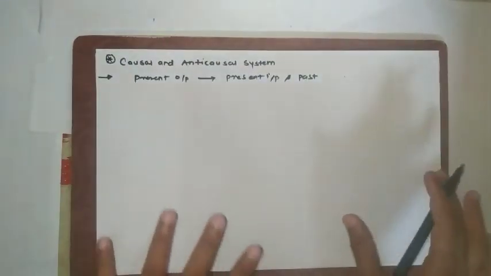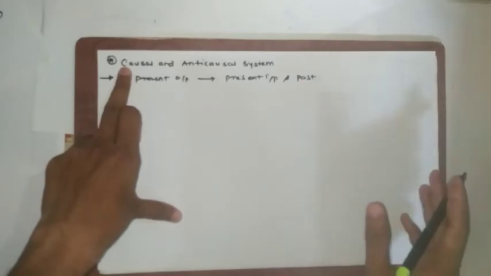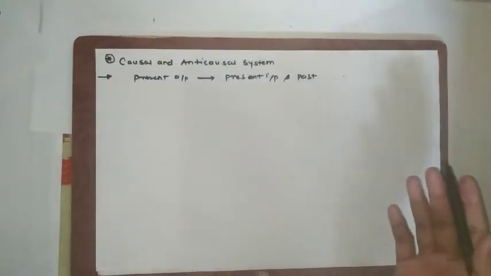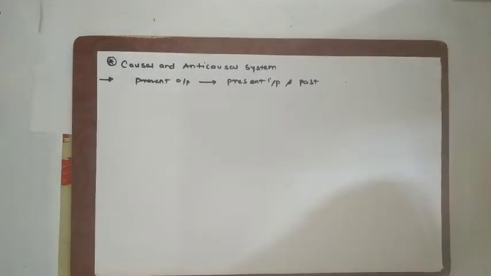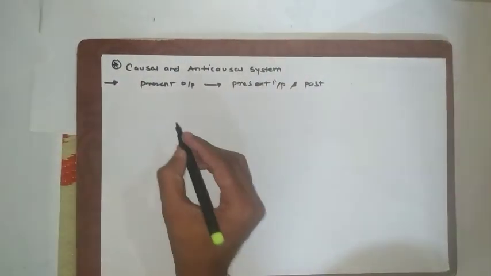That means any system whose output depends upon present and past values is known as a causal system. And we are left with only one value, that is a future value. That means a system whose output depends upon future values is known as an anti-causal system.